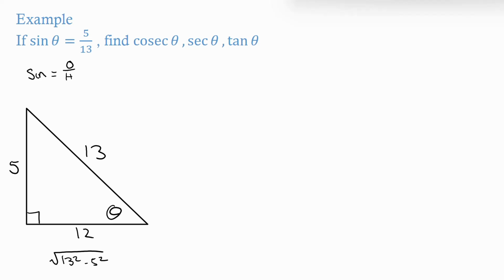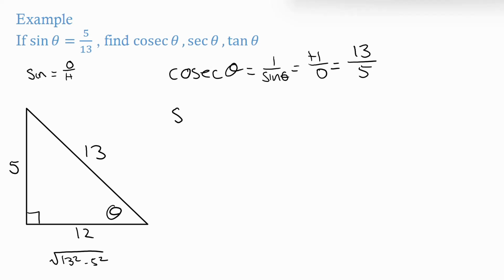The next thing I want to do is, I've been told to find cosec, sec, and cot. So I know that cosec is 1 over sine, or it's hypotenuse over opposite. So in this case, my hypotenuse is 13 and my opposite's 5. I then go and find sec, which is 1 over cos theta, or hypotenuse over adjacent, so 13 over 12.